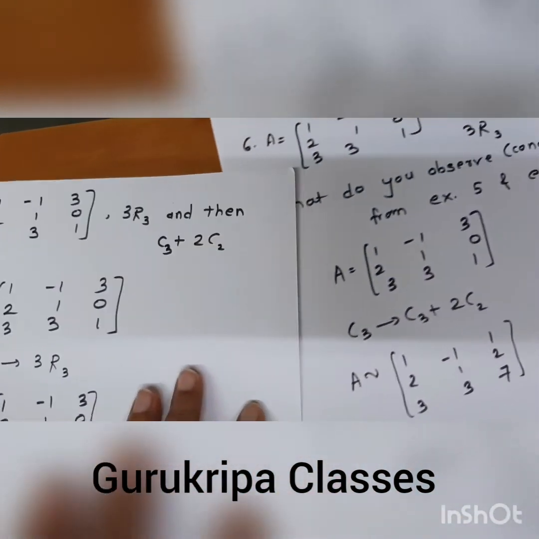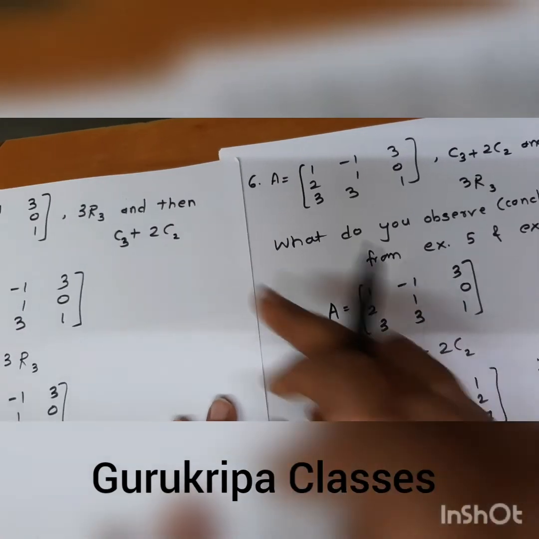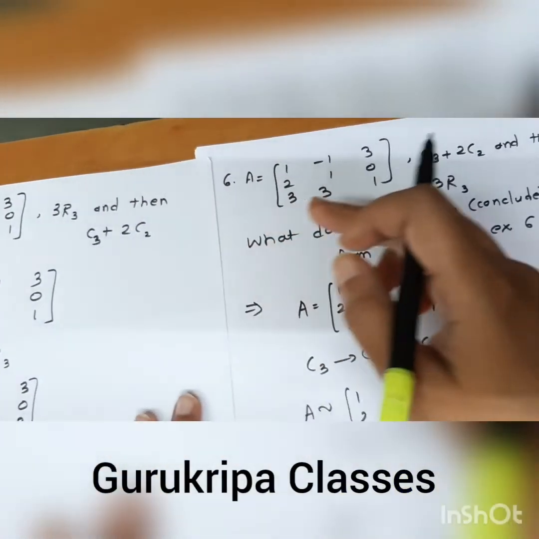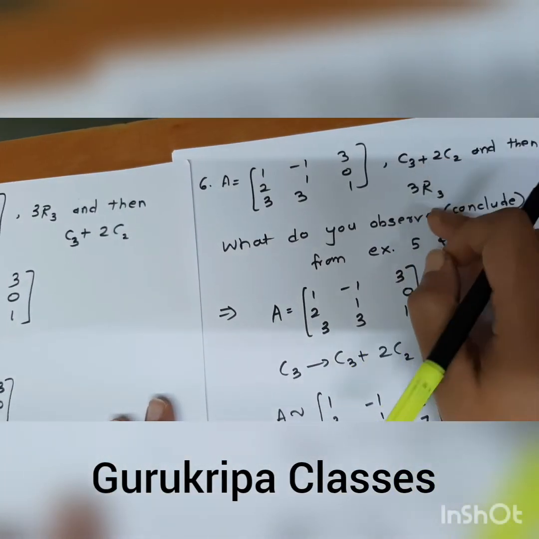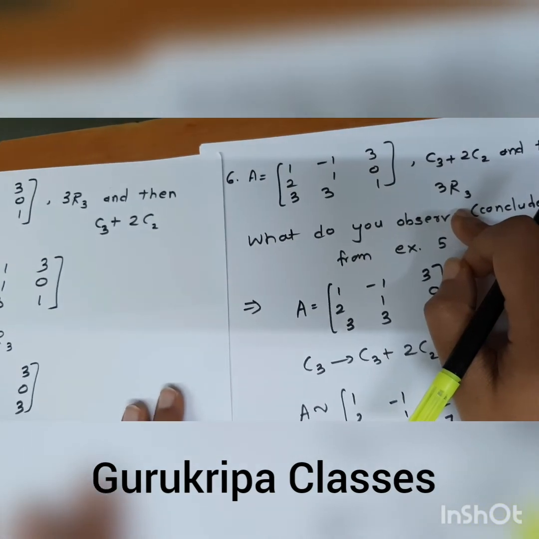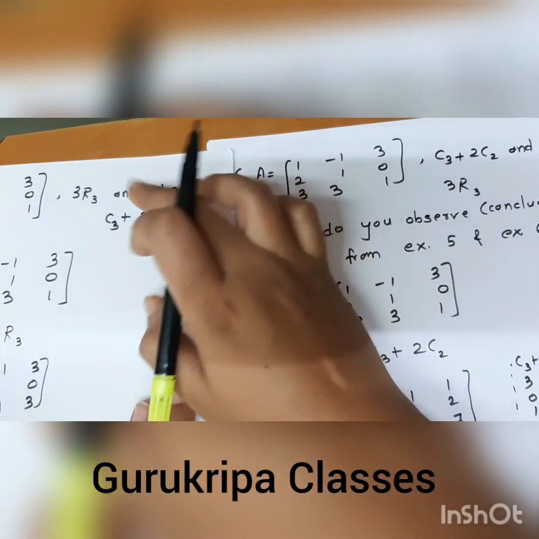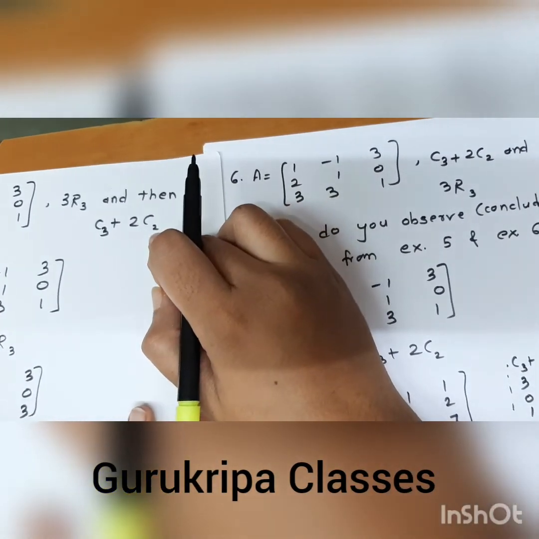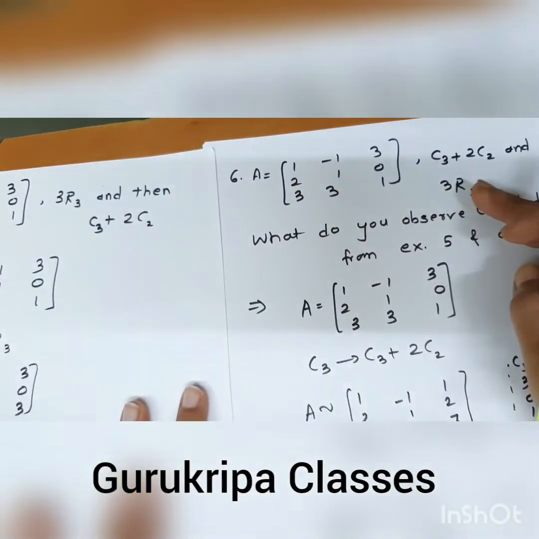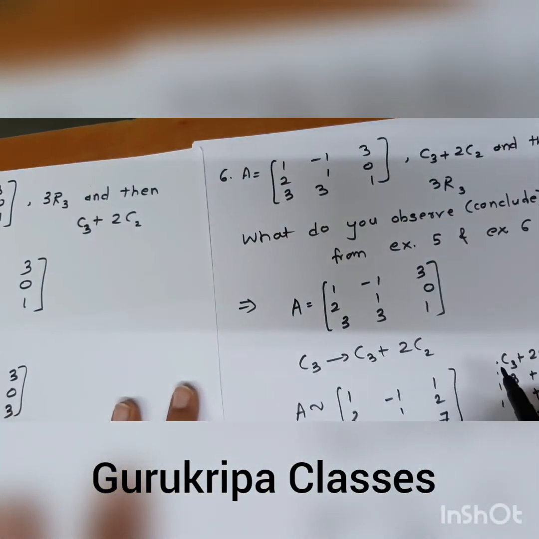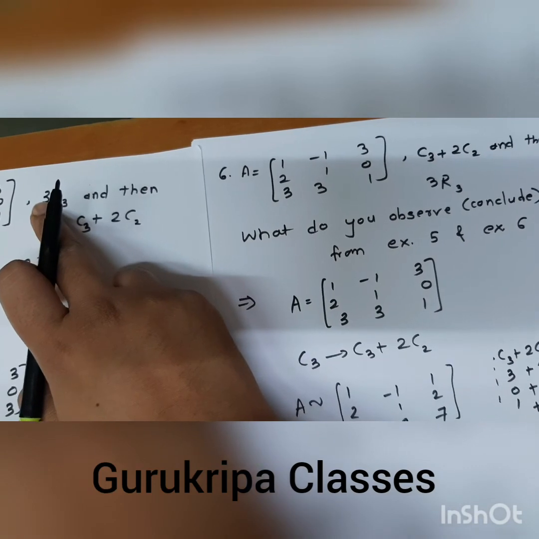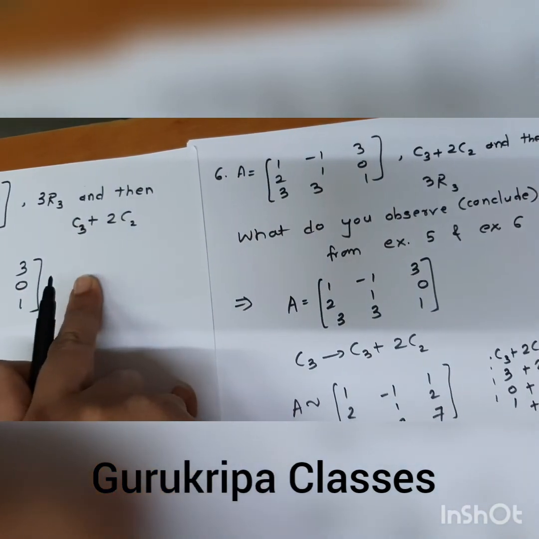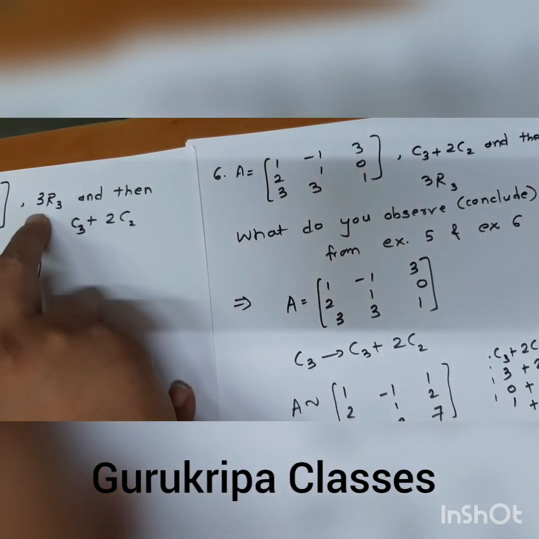And what is the change? 3R3 and then C3 plus 2 C2, and here C3 plus 2 C2 and then 3R3. Means if you interchange the transformations, there will not be a change in the answer. Means applying first this operation and then this, or applying this operation first and then this, the answer will be the same.